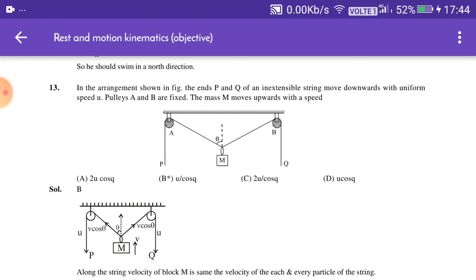So let us make the free body diagram. When you make it, you can see here initial P and Q, there is a mass m here, and theta is there as per the question. At A you have v cos theta, at B you have v cos theta, and you have u, the initial velocity, in the same direction.